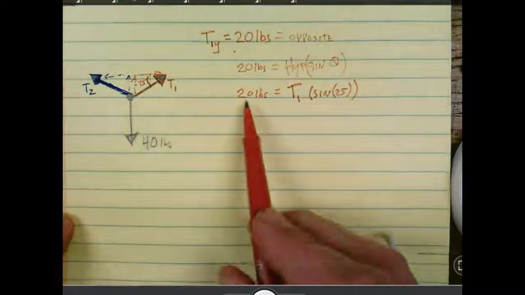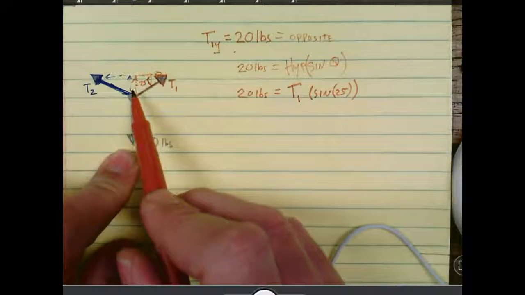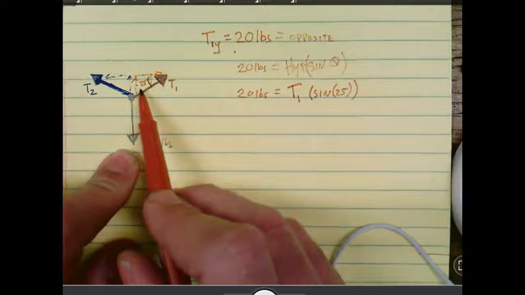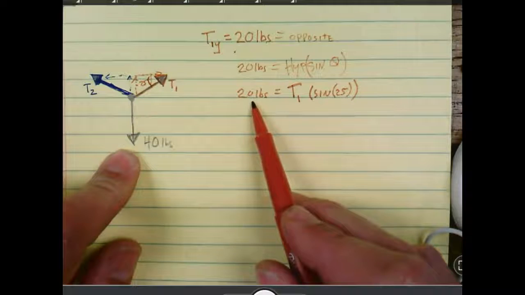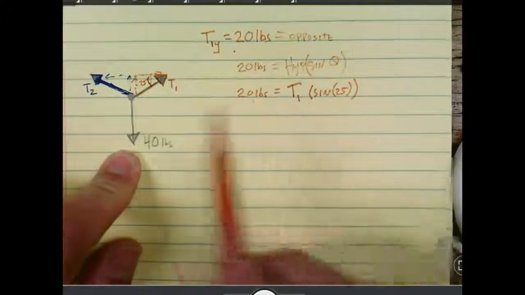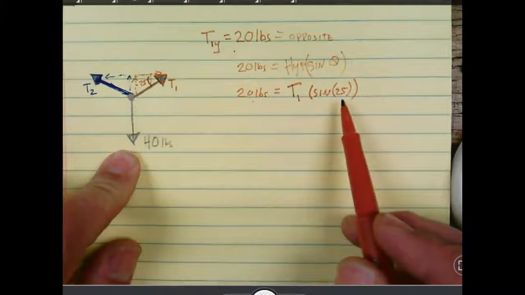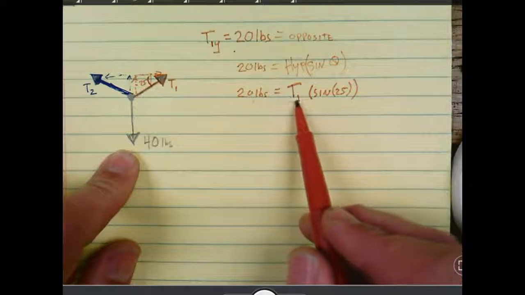And so now we can say this half of the weight of the speaker, which the vertical component of T1 is supporting, is equal to 20 pounds. And 20 pounds is equal to that full tension times the sine of the angle. So now, as you see, we've only got one variable.